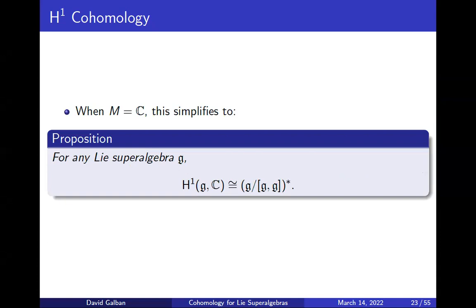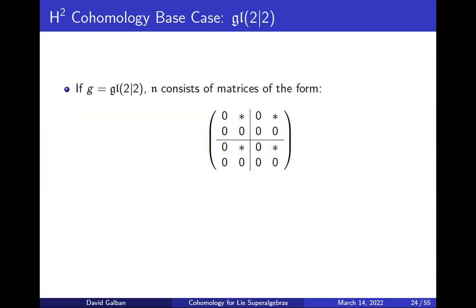So if we want to compute the first cohomology of (g, C), well, this is just going to be isomorphic to (g/[g,g])*. So again, this is really just like the ordinary case, and computing these is generally not too big of an issue. All right. Computing the second cohomology, however, tends to be a bit more difficult.